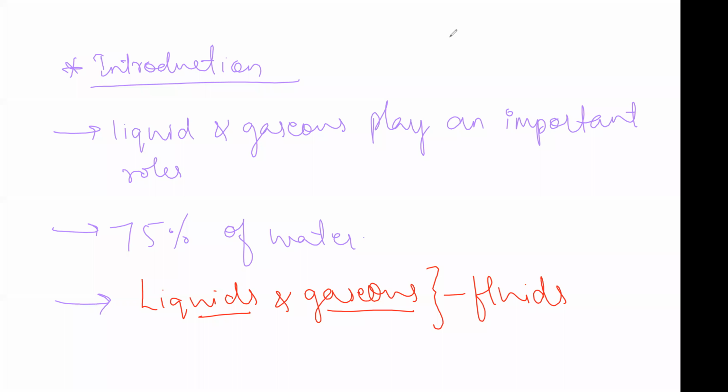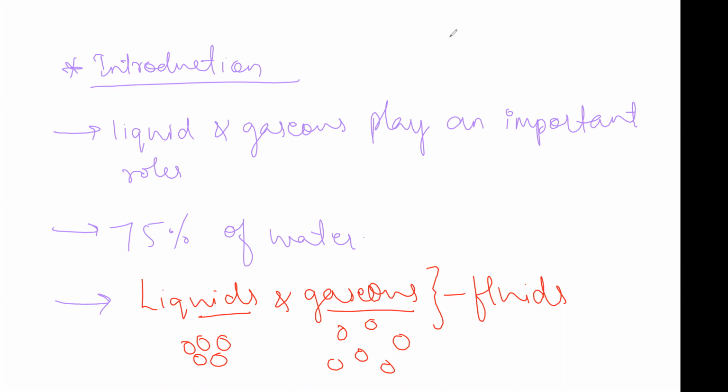When you compare the properties of solids with liquids and gases, the molecules in liquids are arranged very loosely compared to solids. Similarly, if you compare gases, the molecules are very free to move compared to solids and liquids.